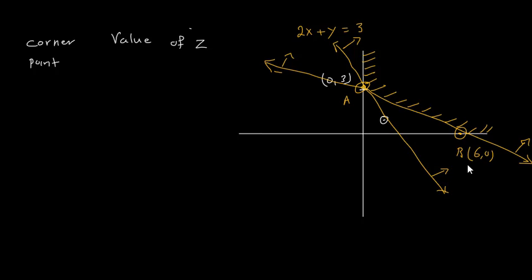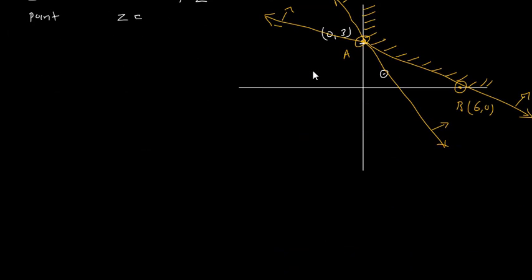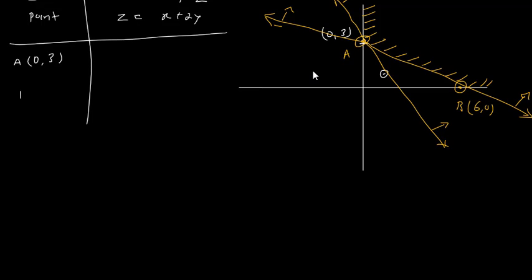The equation is z equals x plus 2y. I will find the value of z at point A, which is 0, 3, and B, which is 6, 0.